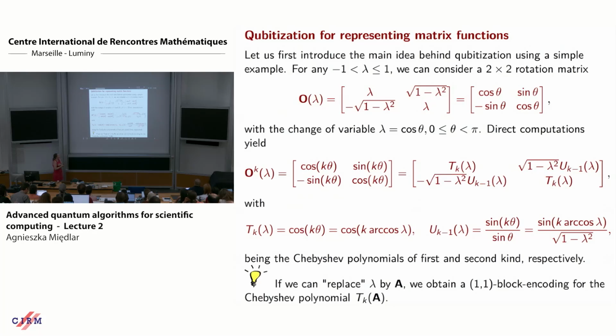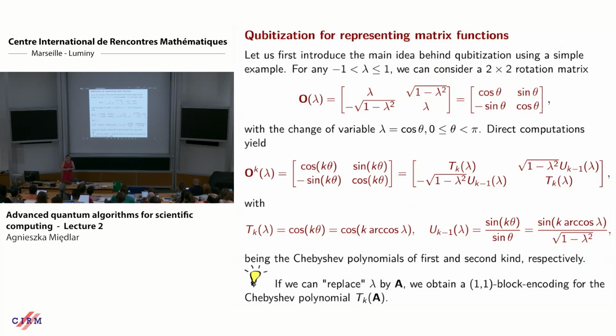Let's call it the rotation operator O of lambda, which looks like this in terms of lambda. And then when you do the change of variables, you say that lambda is cosine of theta. Then obviously, you'll end up with this matrix, which is what you have learned as a classical 2x2 rotation matrix.